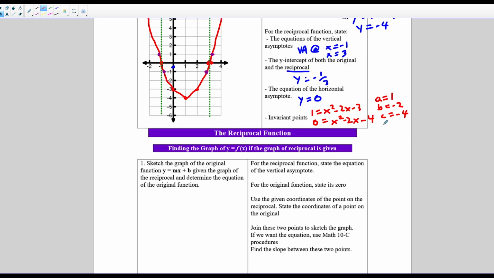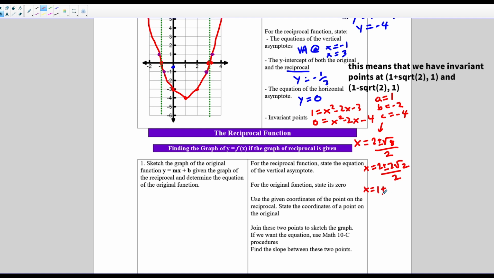When I use the quadratic formula to find my corresponding x values, I would get 2 plus or minus the square root of 8, divided by 2. I can simplify this to 2 plus or minus 2 square root 2 over 2, and further simplifying gives me 1 plus or minus square root 2.